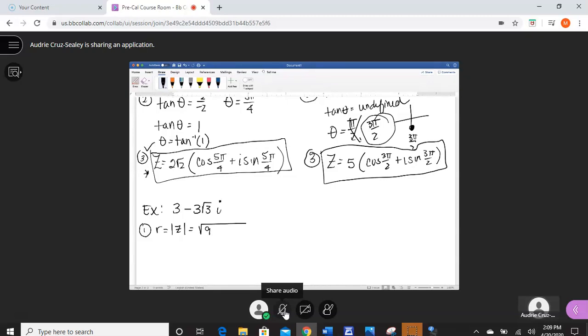That'll give you 9 plus 27. We okay with that? I guess I just need some chime in on where we're getting confused. Are we okay with finding R?